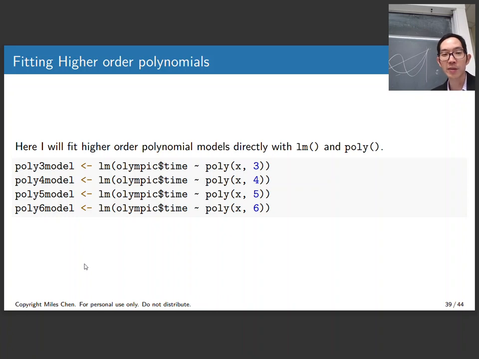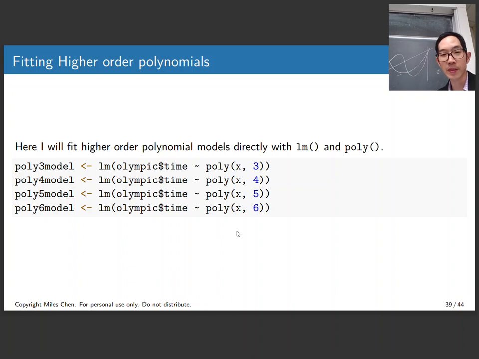So just for fun, let's create a third order relationship, a fourth order, fifth order, and a sixth order relationship. I'm going to fit a linear model between the time that we're trying to predict and our poly x with orders 3, 4, 5, and 6.